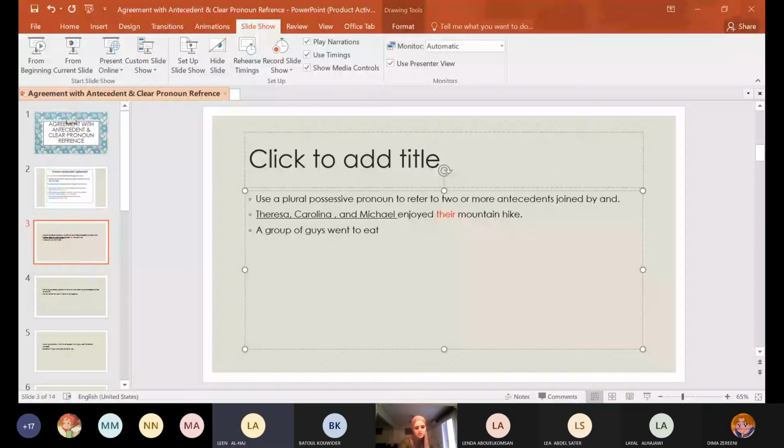Guys, it will take singular because a group is one word. A group is a collective noun, so I will see if it's one unit or if it is divided. Collective noun. Okay, thank you.